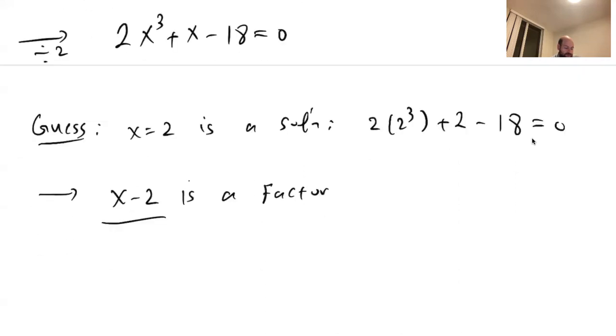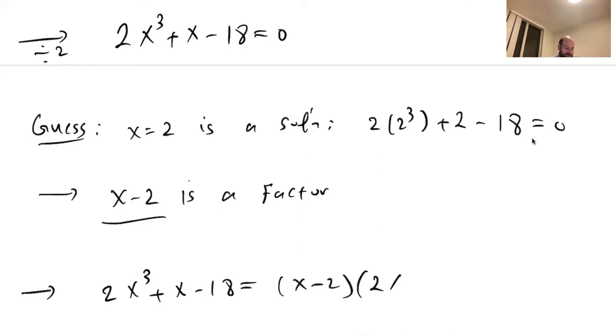If x minus 2 is a factor, then we can find the other factor by doing long division, right? If you have a polynomial and you have one factor, you can do the long division to find the other factor. So 2x cubed plus x minus 18 equals x minus 2 times another factor.